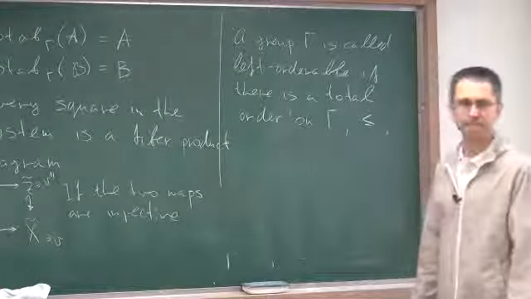So it means that if I pick any elements A, B, and G in gamma, and if A and B are related in this way, if A is at most B, then G times A is at most G times B, for any triple of elements in a group.